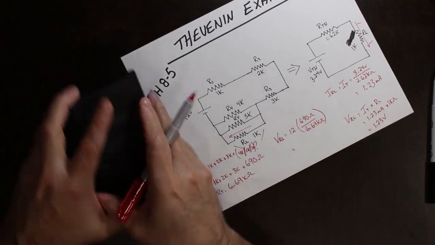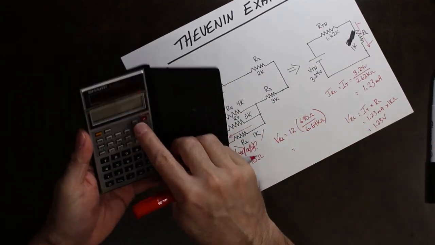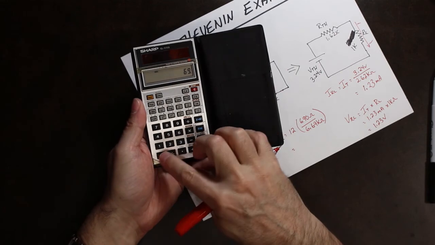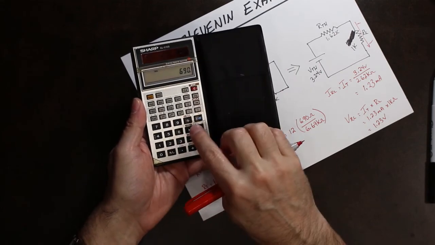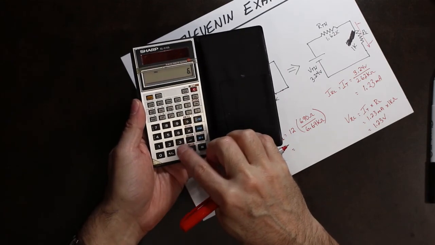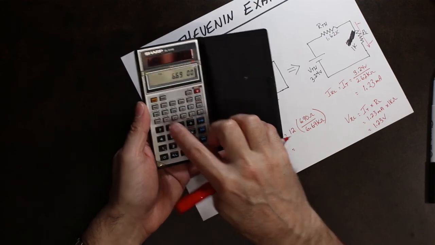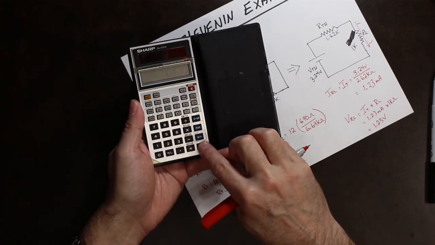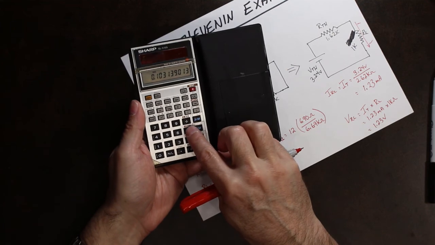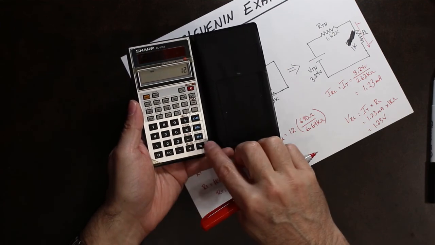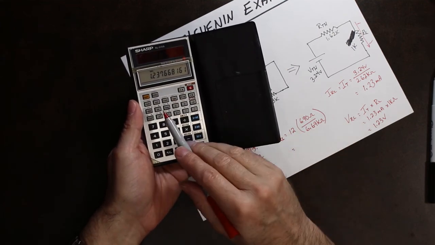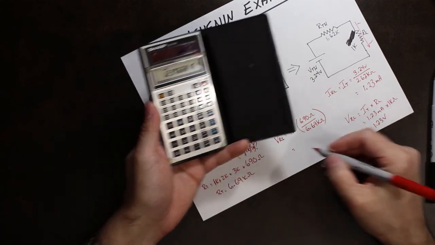So the voltage across RL should be 690 divided by 6.69 exponent 3 equals, and then times 12 volts. 1.23 volts.